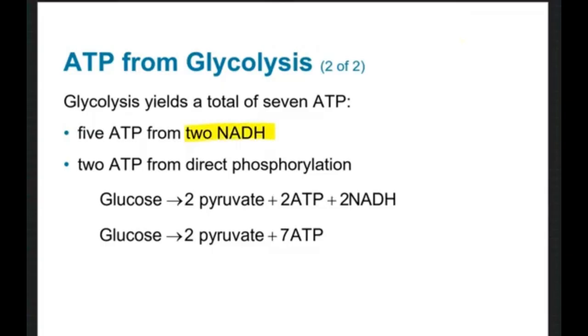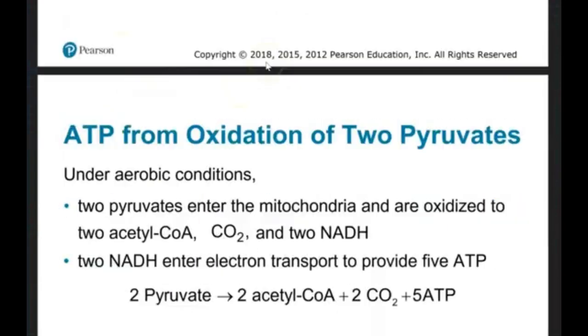So 2 NADH molecules give you 5 ATPs, because each NADH, does that make sense? Because 1 NADH gives you 2.5 ATPs. Okay? And then 2 ATPs are also generated by the direct phosphorylation. So overall, this is your summary of glycolysis. Glucose gives you 2 pyruvates and 7 ATPs.